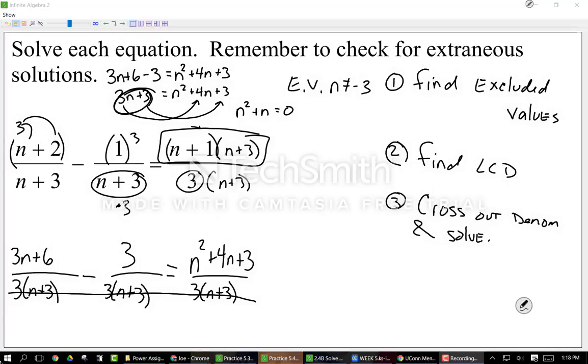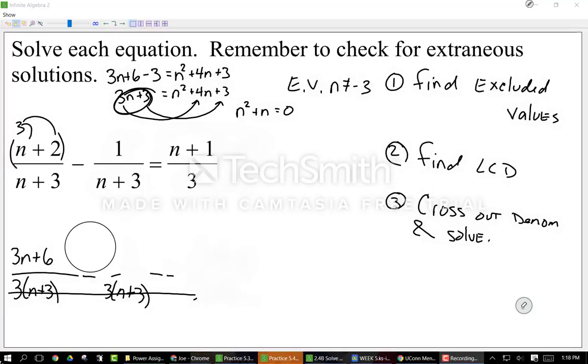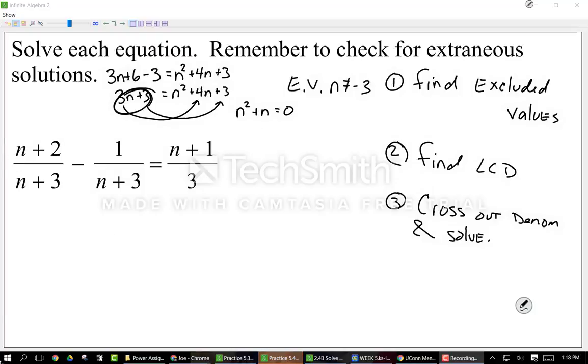So this is going to be an awesome problem to solve. I'll show you both ways to solve it. I'll show you an easier way and then the longer way, and then you can decide what you want to do. So, actually I'll show you 3 ways to do it real quick. The first way is to factor, so I can pull out an n. I'm left with n plus 1 equals 0.